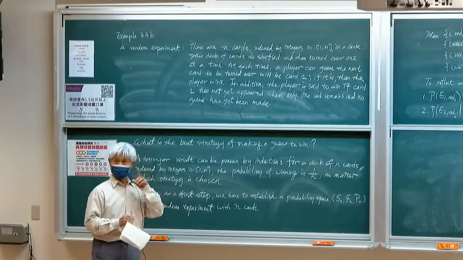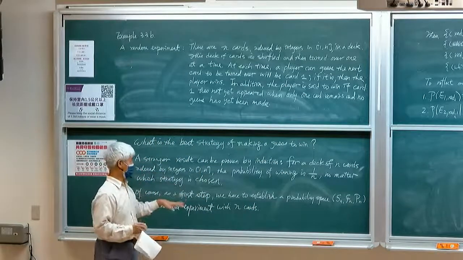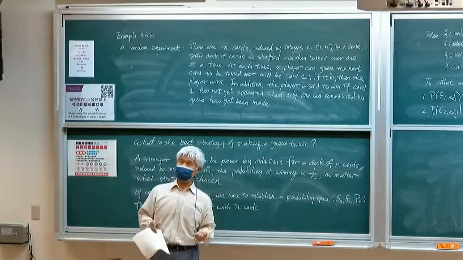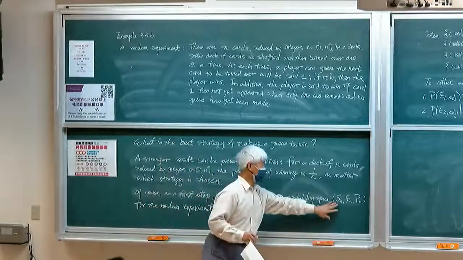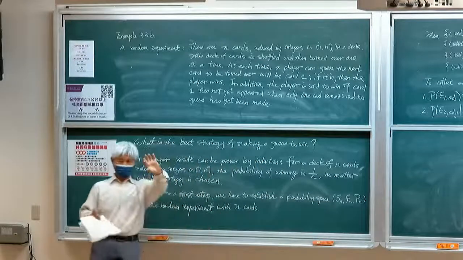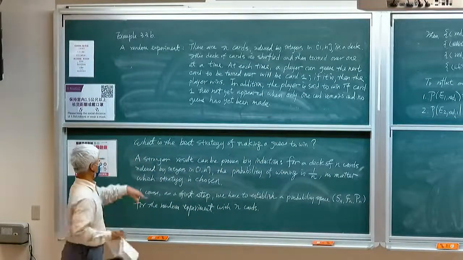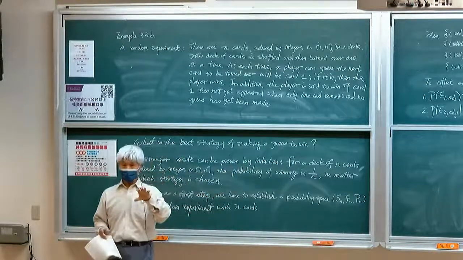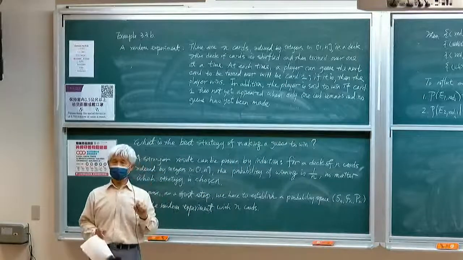And this is our first example where we have to deal with infinitely many probability spaces, because the probability space will depend on the number of cards in the deck. And as we say, the stronger result can be proved by induction on n, the number of cards in a deck.